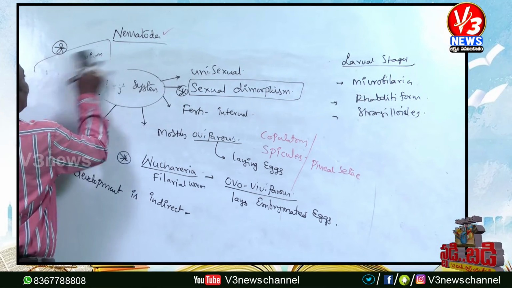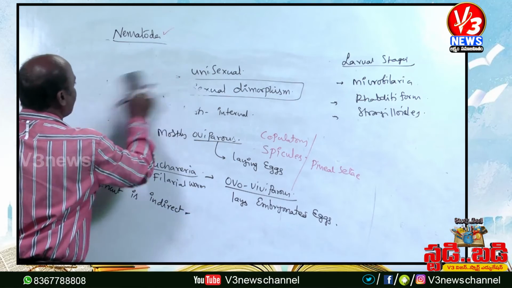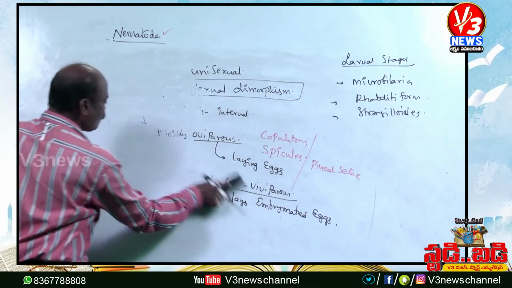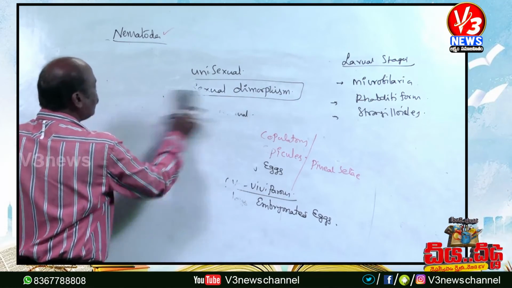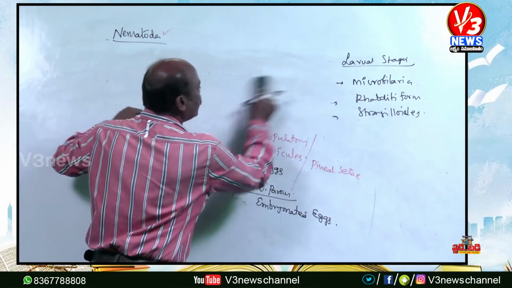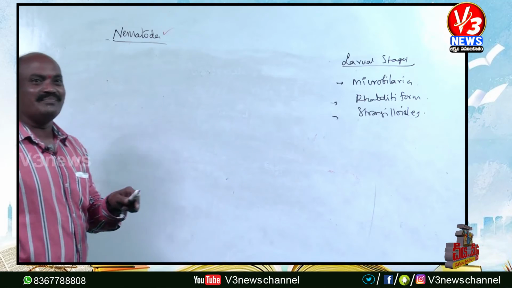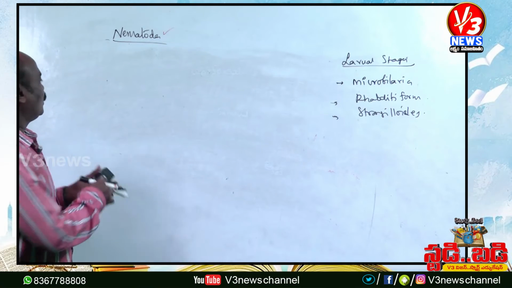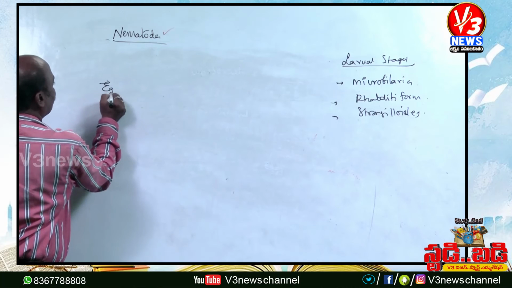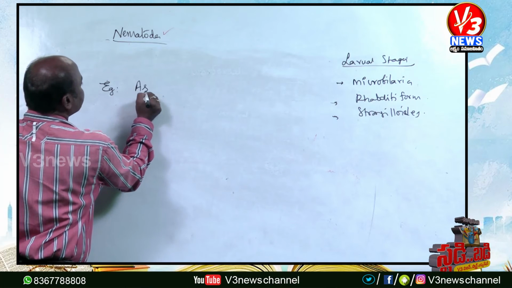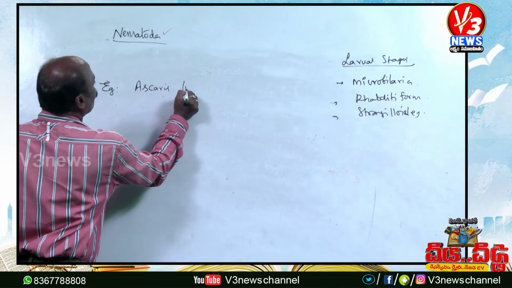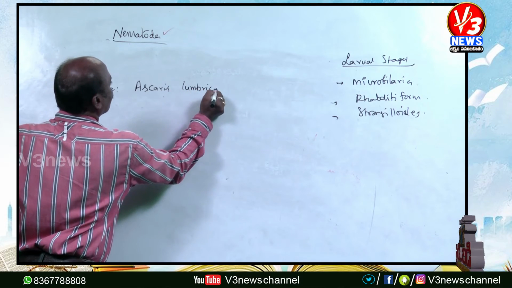Regarding examples, you can ask by giving the scientific name and asking for the common name, and also the reverse. Example 1, Ascaris lumbricoides.